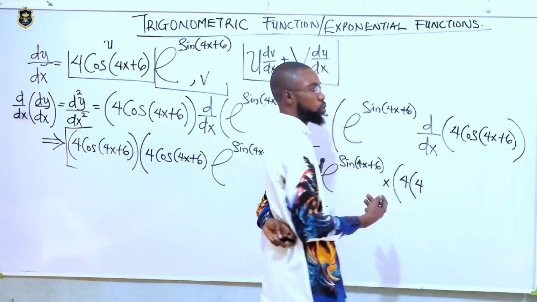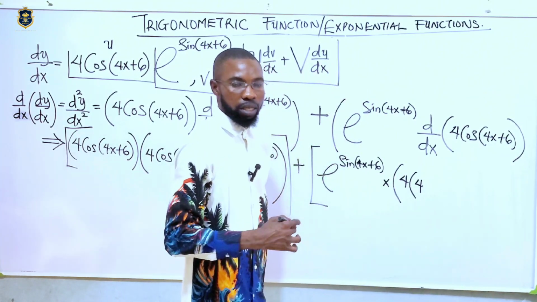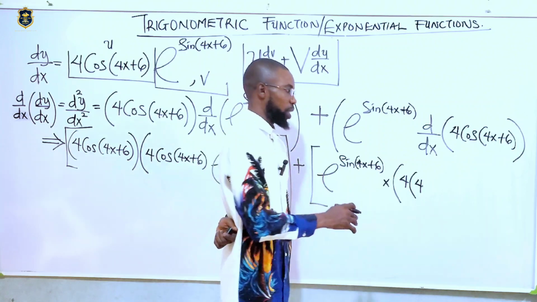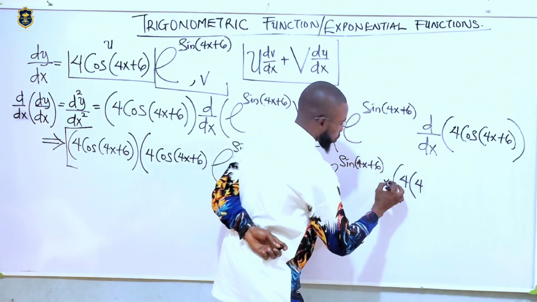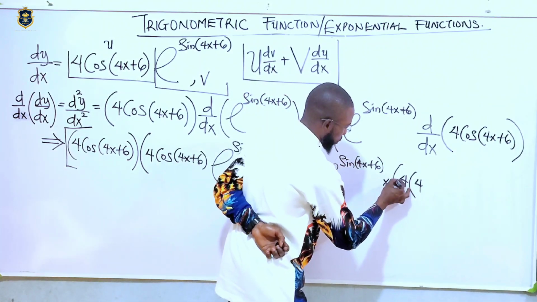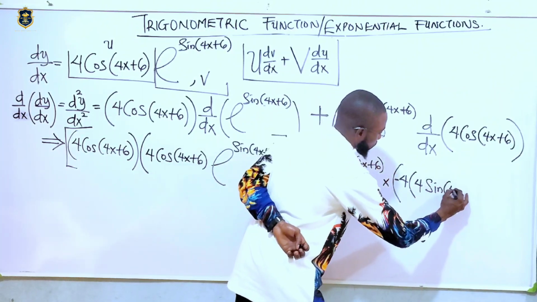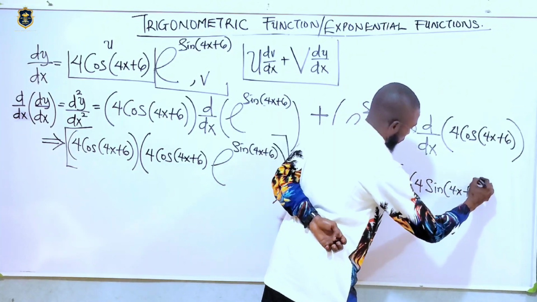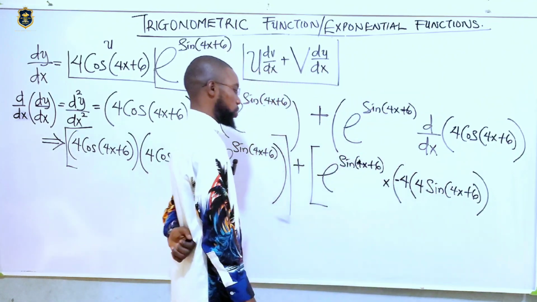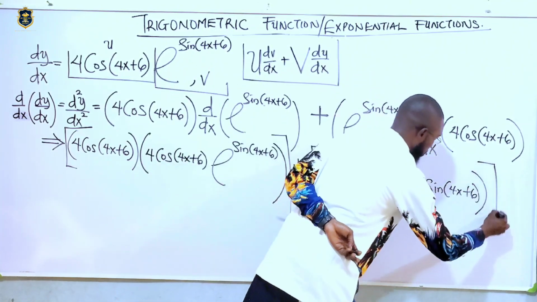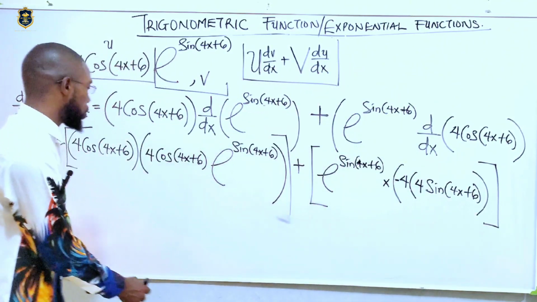Sine gives us cos, and if you differentiate cos, we have minus sine. So differentiating this cos, we're going to have a minus. So let's put a minus here. Minus sine 4x plus 6. That's it, the second one. So let's put a bigger bracket. See now? That's how it works.